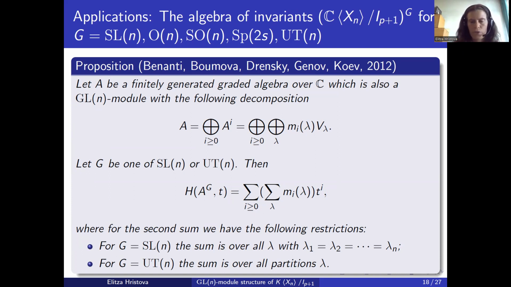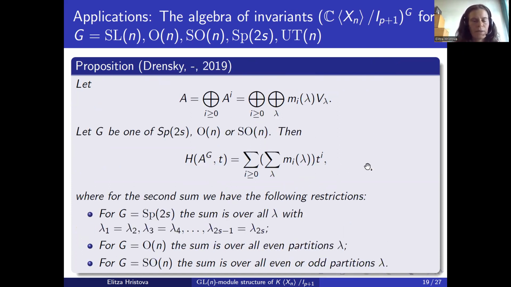And in joint work with Drensky, we have found similar statements for the other three groups of interest. So again, we take A to be a finitely generated graded algebra, which is also a GLN module of this form.